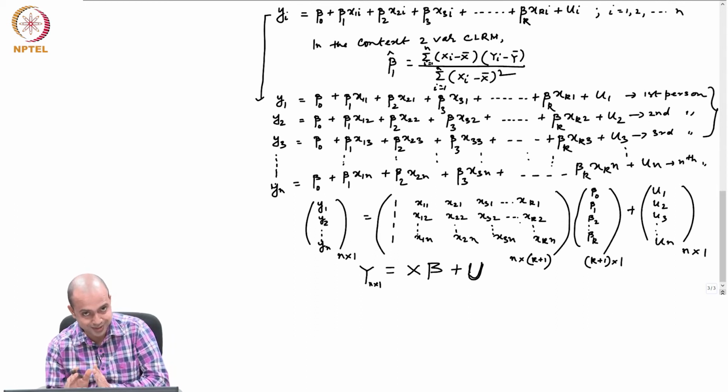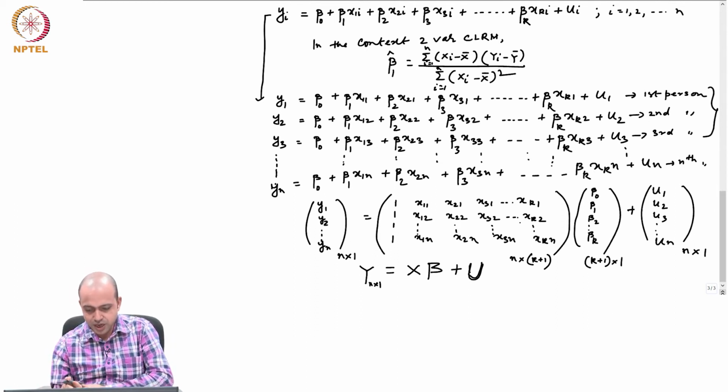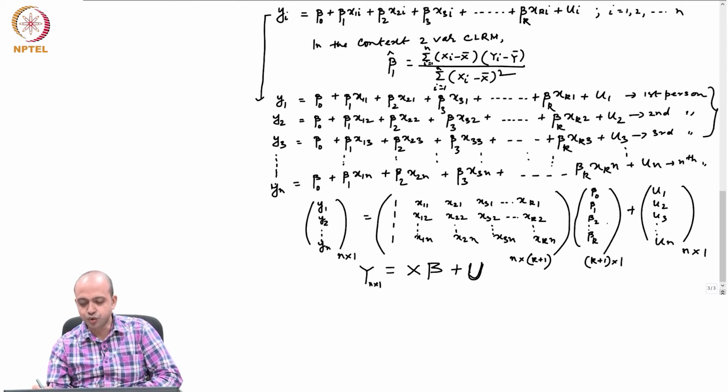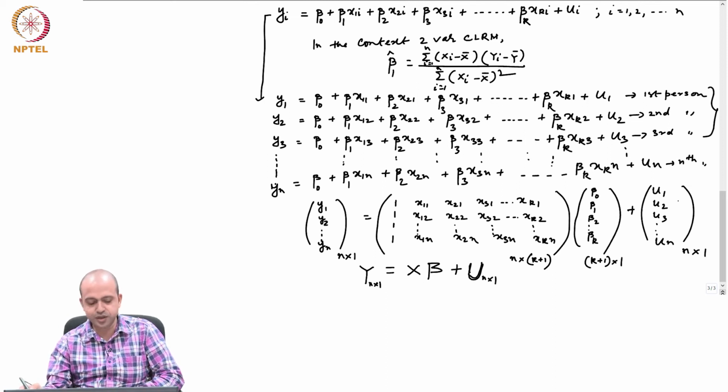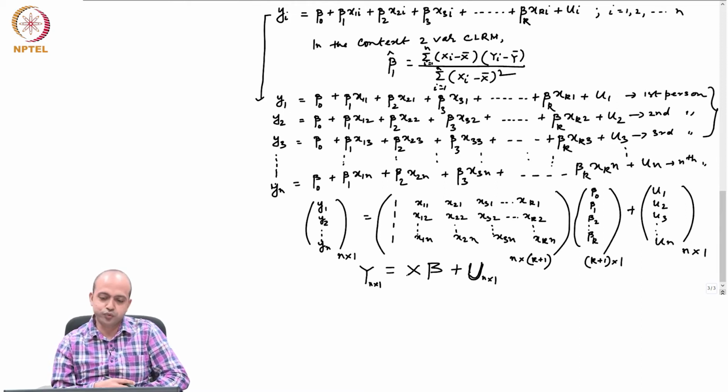You need to clearly understand the structure of this matrix. This beta is a k plus 1 by 1 matrix, which means all of beta 0, beta 1, beta 2 are denoted by beta, and this u again is n cross 1. So, I have written this equation as y equals X beta plus u.